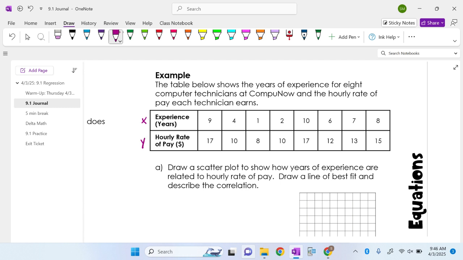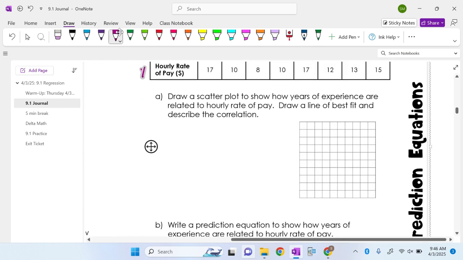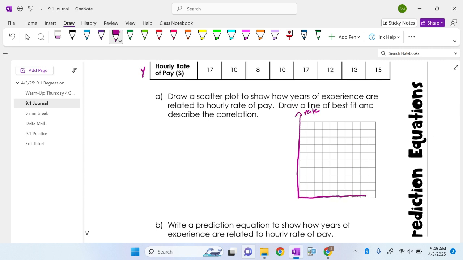Now, we're just going to draw a quick scatter plot of these points to describe the hourly pay. Your Y values would be right here, and that will represent your rate. Your X values would be here, and that would represent the year. The way you scale your scatter plot doesn't really matter. It's up to you how you want to scale it. But I'm going to scale it like this.